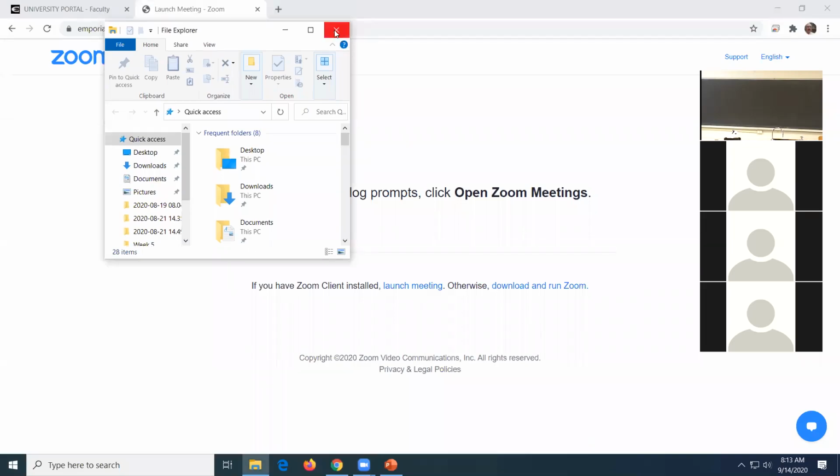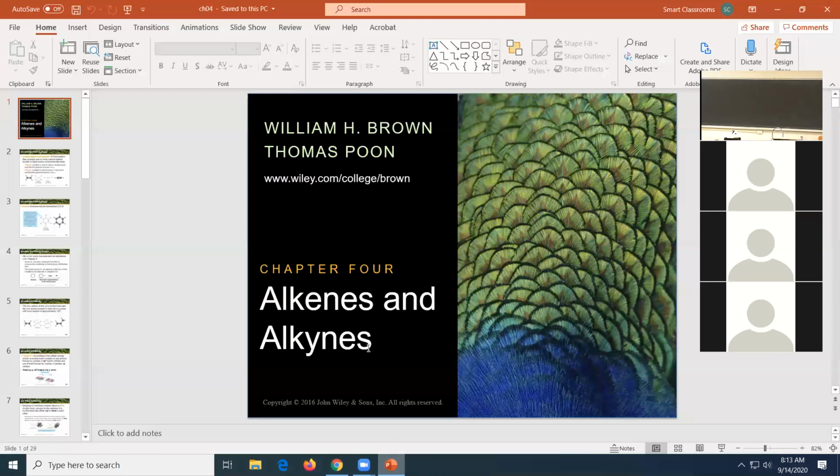It's taking a long time to open up a file. Okay, oh, there we go. All right, and I'm going to share my screen. All right, alkenes and alkynes.